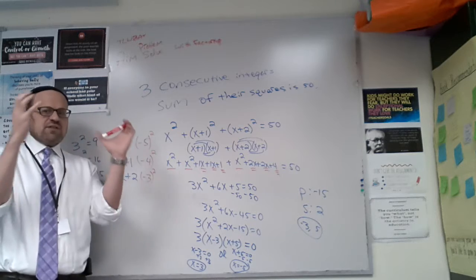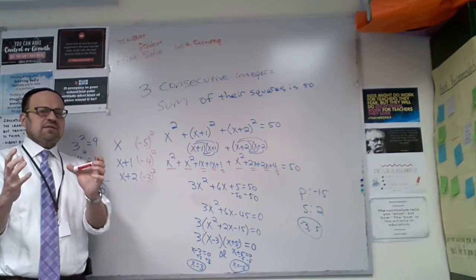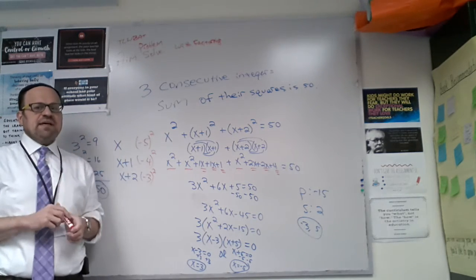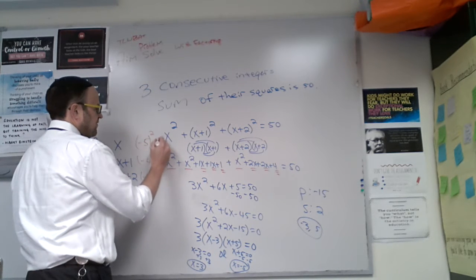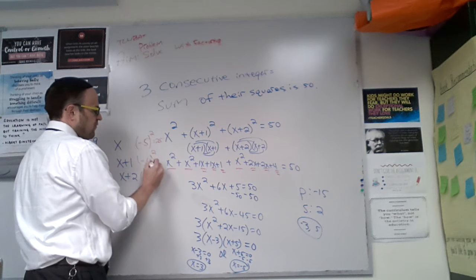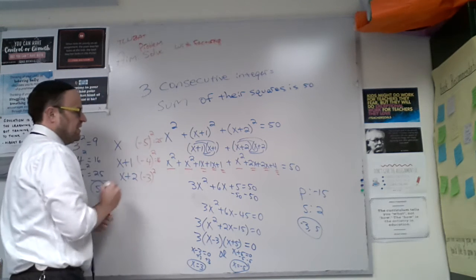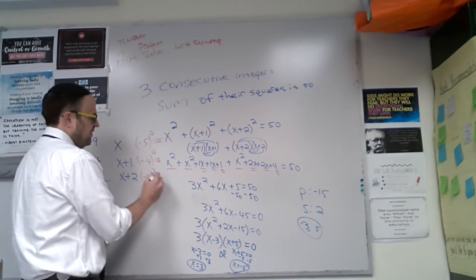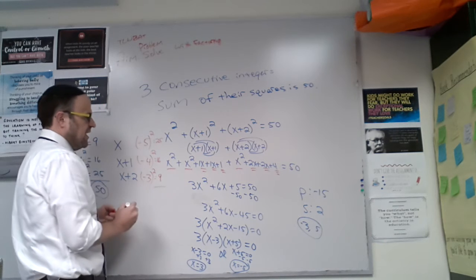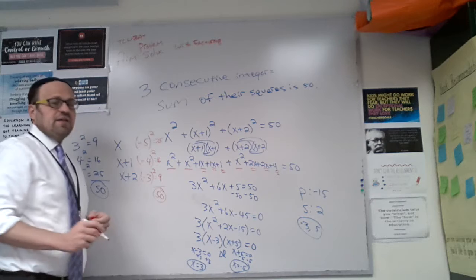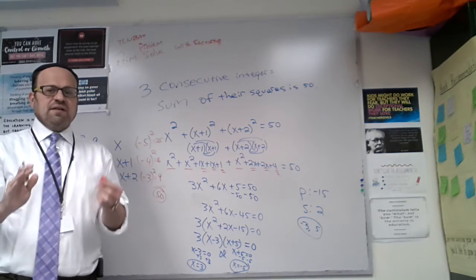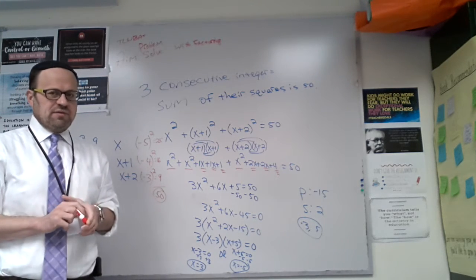You're doing x squared, x times x. Negative 5 times negative 5 will give us a positive 25. Negative 4 times negative 4 gives us a positive 16. Negative 3 times negative 3 gives us a positive 9. What's the sum? 50. They are both valid possible answers.